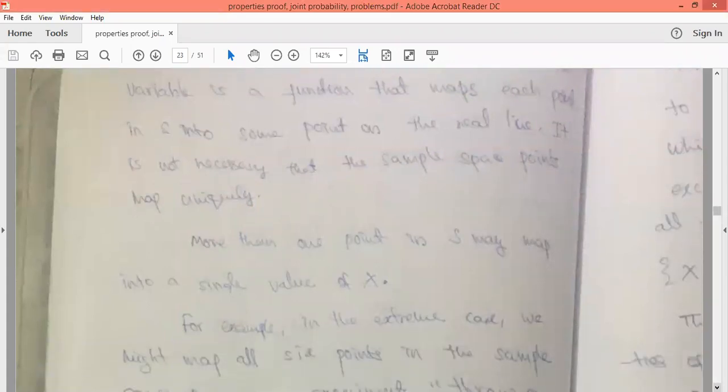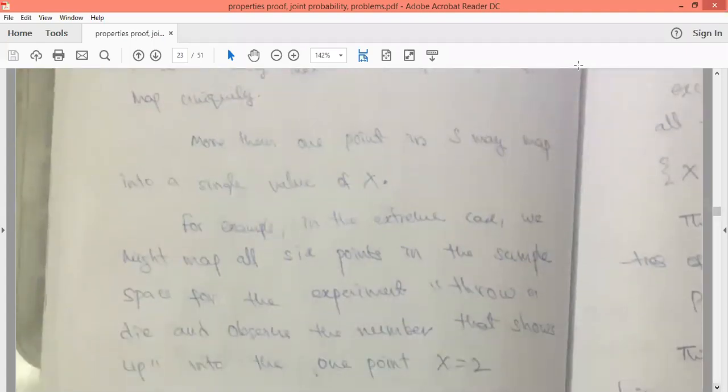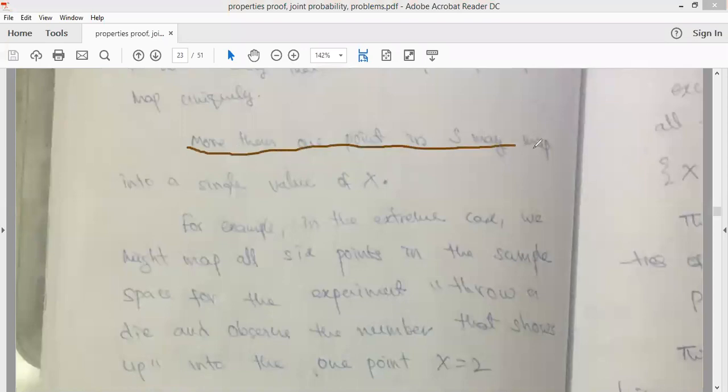It means that more than one point in S may map into a single value. This is also possible because all the values of the sample space can also map to only one point. For example, when you throw a die, observe the number that shows up. We are not recording anything else, just observing the number showing up.